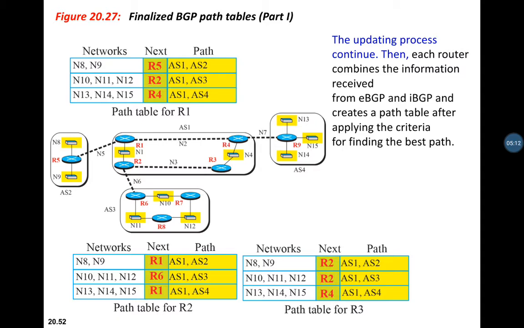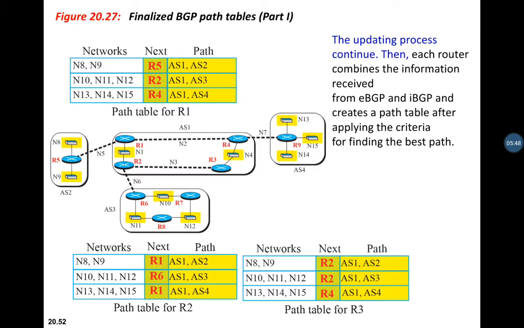Router R1 now knows that any packet destined for the networks N8 or N9, which are in AS2, should go through AS1 and AS2, and the next router to deliver the packet is router R5. Similarly, R4 knows that any packet destined for the networks 10, 11, 12 should go through AS1 and AS3, and the next router to deliver this packet is router R1.